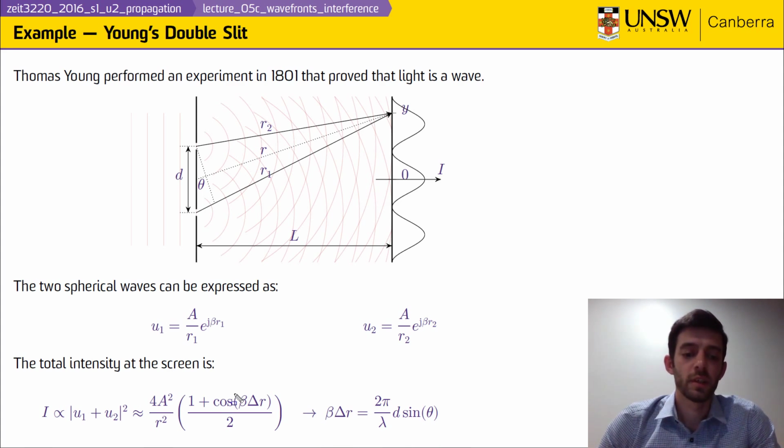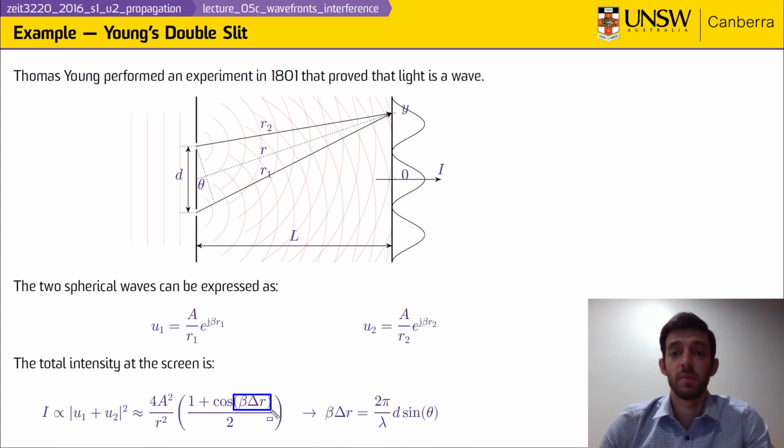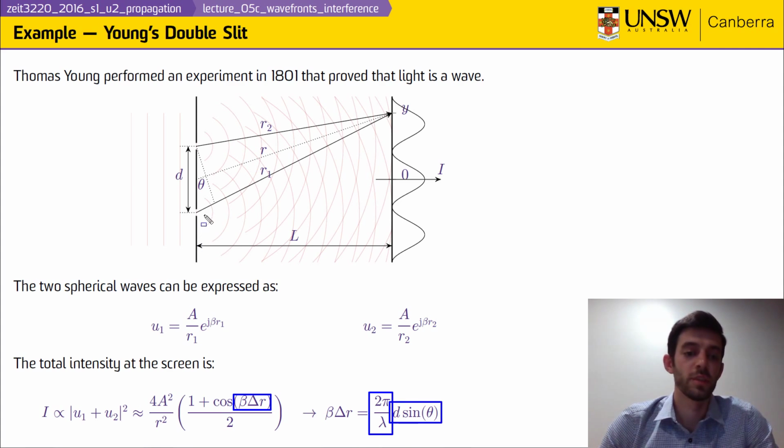We can now take a closer look at the argument of cosine, beta delta r, and we can rewrite it as 2 pi divided by lambda, which is beta, and d sine theta, which is this little segment right there. And if you draw it out on a piece of paper, you can convince yourself that that is indeed that separation right there.